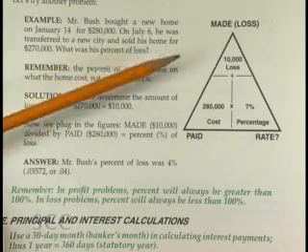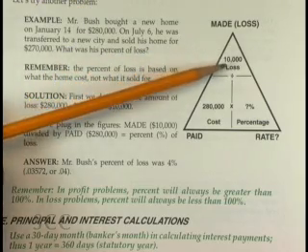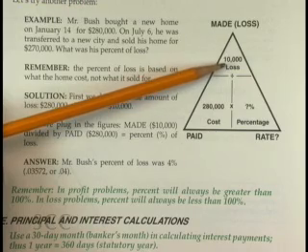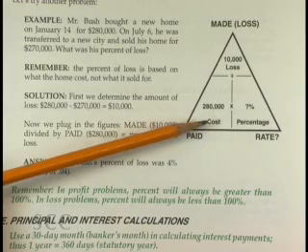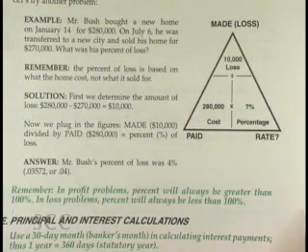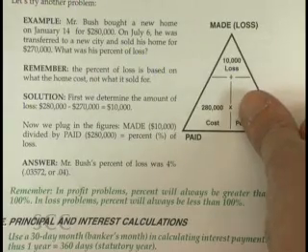He lost $10,000. So in the made category, we put that he lost $10,000. We know what it cost him to buy it was $280,000. We know what we're looking for is a percentage. That's where we put our thumb over.